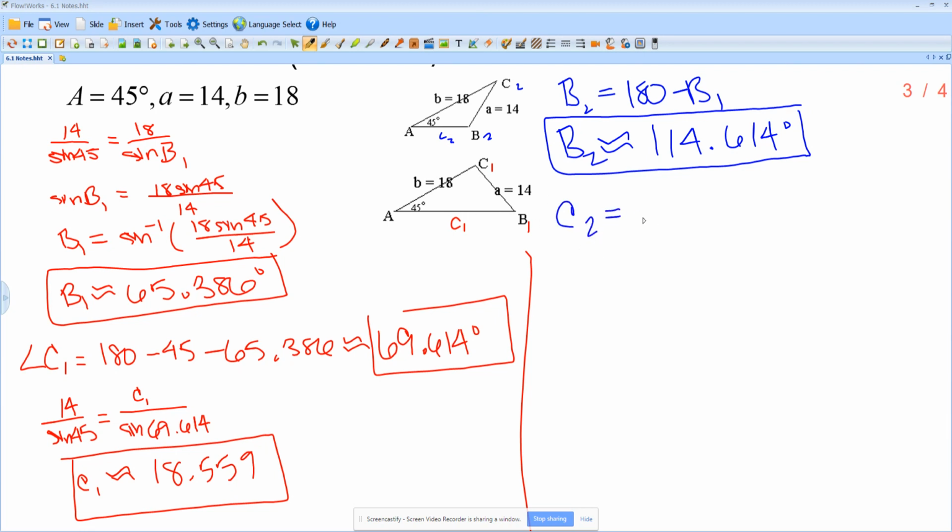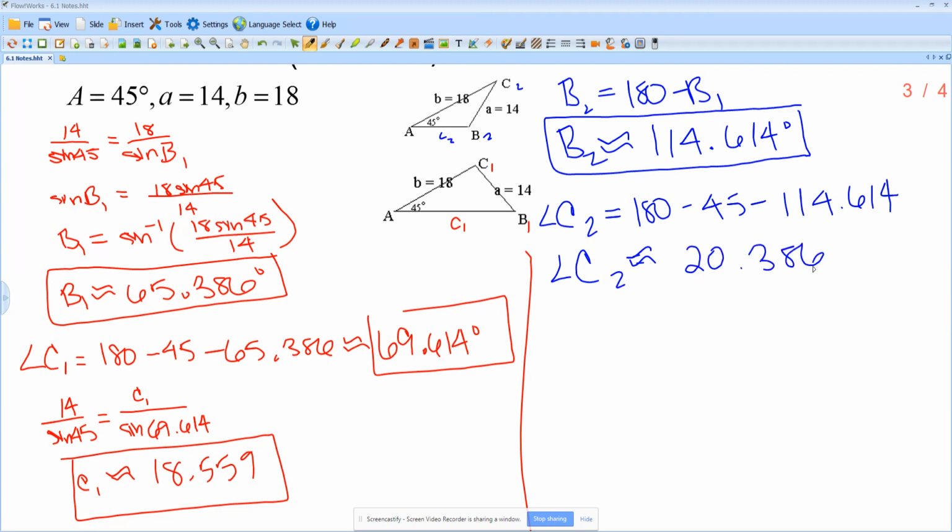C sub 2 equals 180 minus 45 minus 114.614. I would get angle C sub 2 being approximately 20.386. And again, if you thought there were two triangles and you did this, you would get some negative here, and you'd be like, maybe that doesn't make sense.